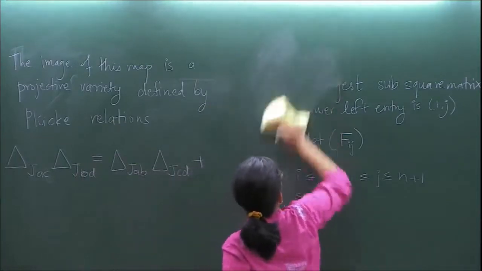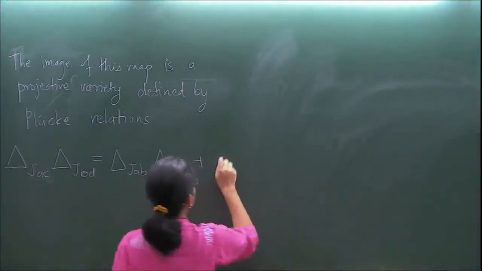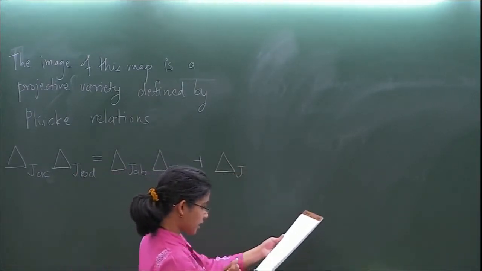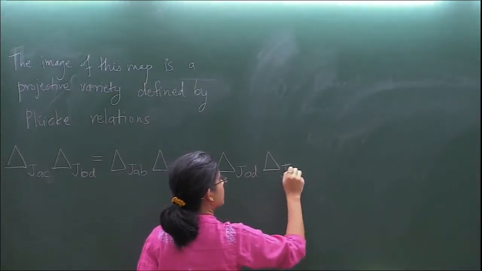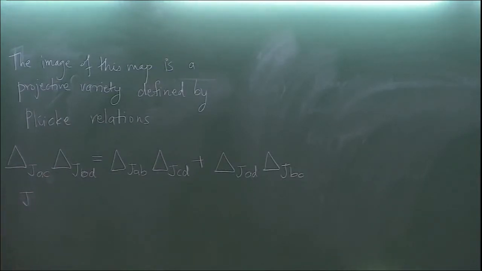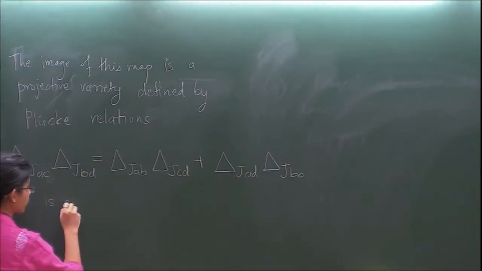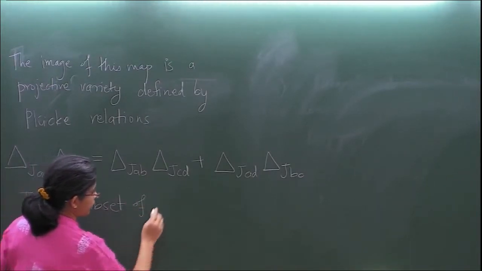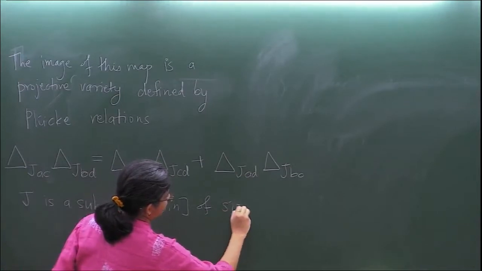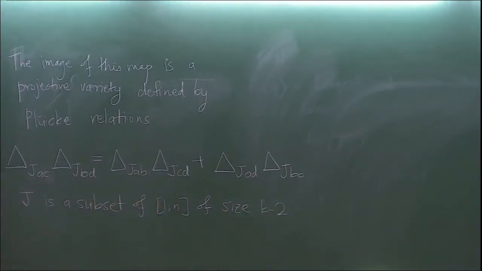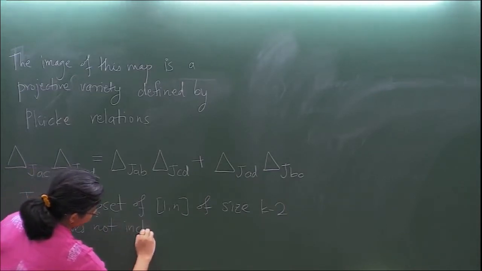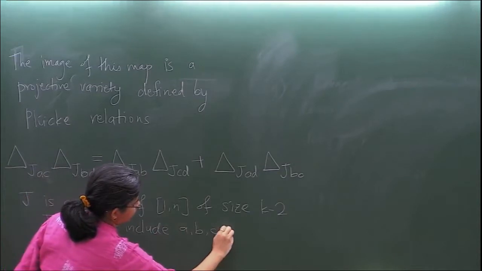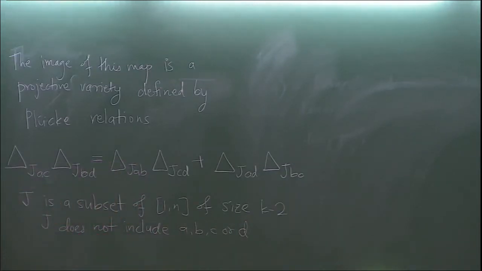plus delta J A D delta J B C. So here J is a subset of size k minus 2, and J is disjoint from A, B, C, D. So J does not include any of those, and it's cyclic in 1 to n.